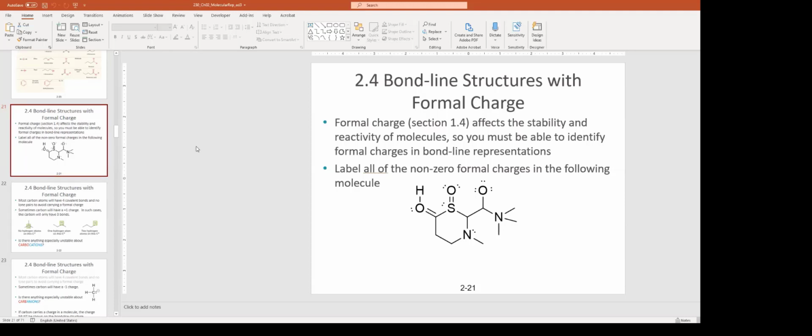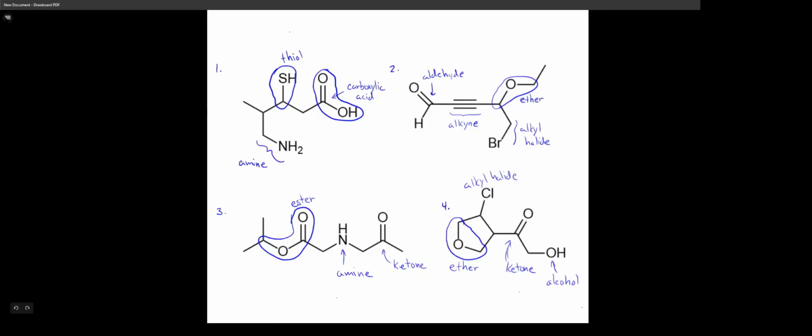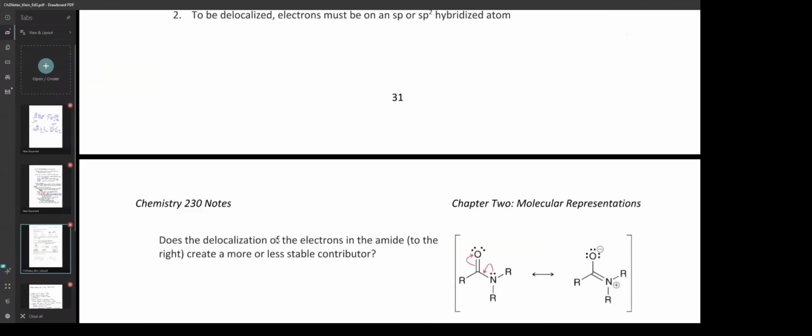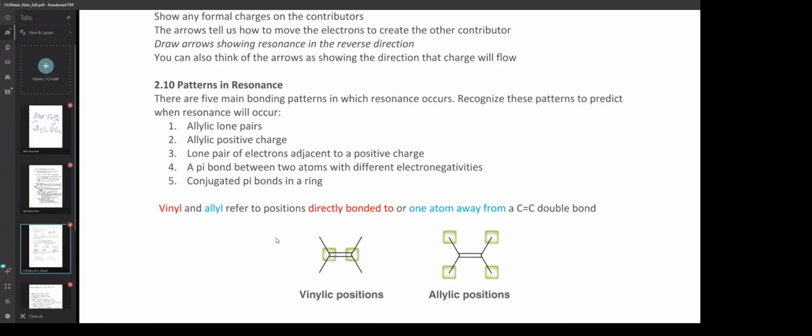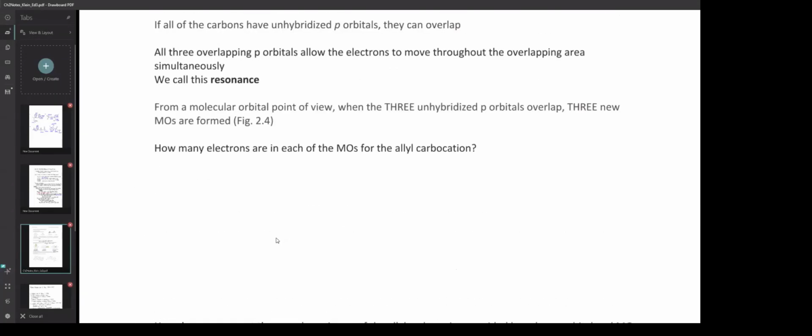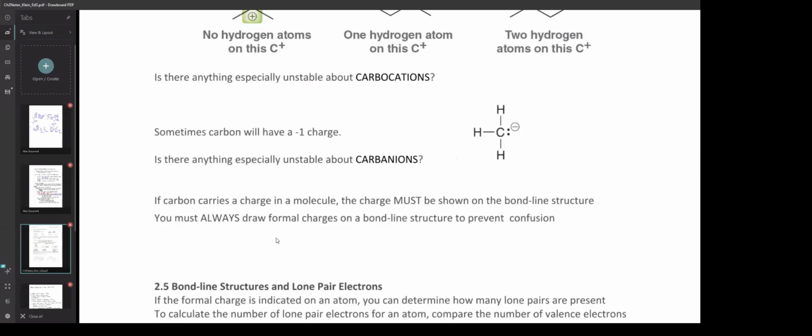Now, we already talked about how to do formal charge. So it's very important that you be able to identify formal charges in molecules rather rapidly. So for example, here is a chemical, and I would like us to identify the formal charges based on everything that we see there. I didn't get rid of that question, did I?